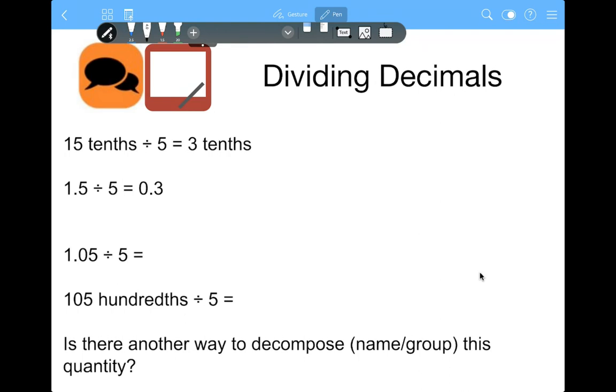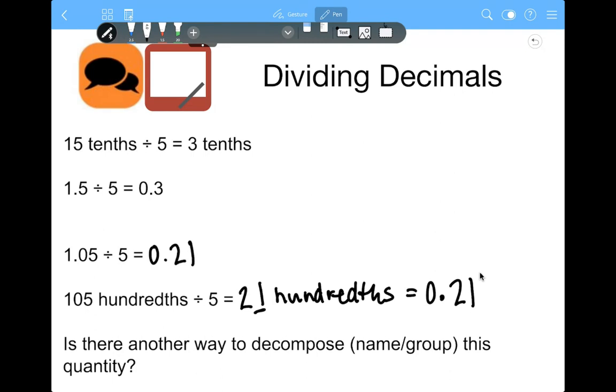I know that 100 divided by 5 is 20, plus one more group of 5 is 21, and I have hundredths here, so I'm going to label it as hundredths. And then when I write that as a decimal, I want my 1 in the hundredths place. So I'm going to go 0.21. 21 hundredths is my answer. So that's my answer there.